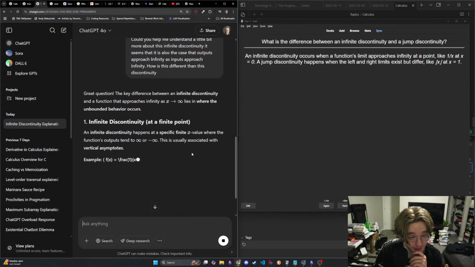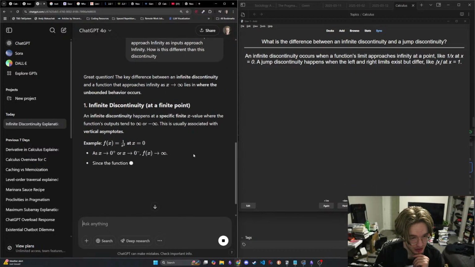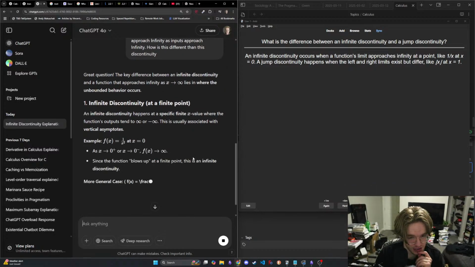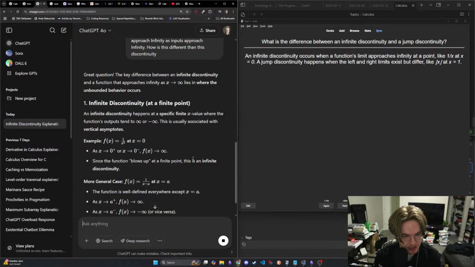Okay, where the unbounded behavior occurs. Infinite discontinuity happens at a specific finite x value where the function's outputs tend to... Oh, a specific finite x value.